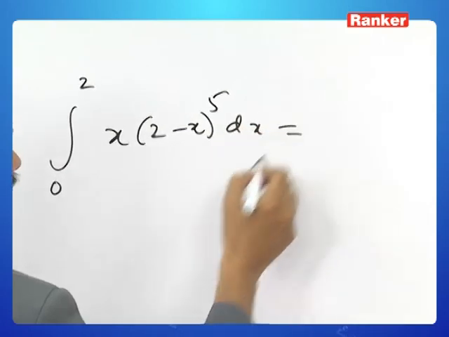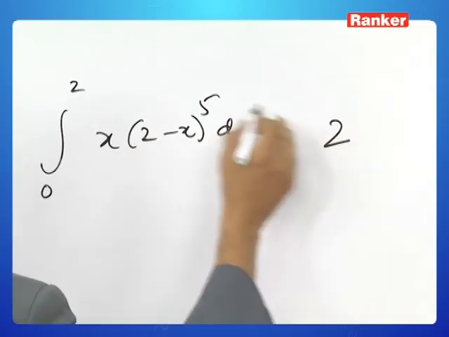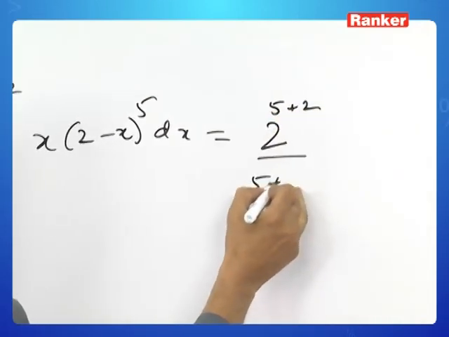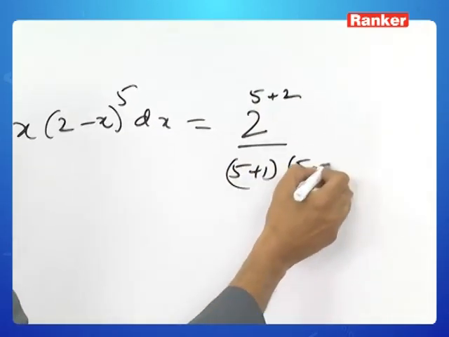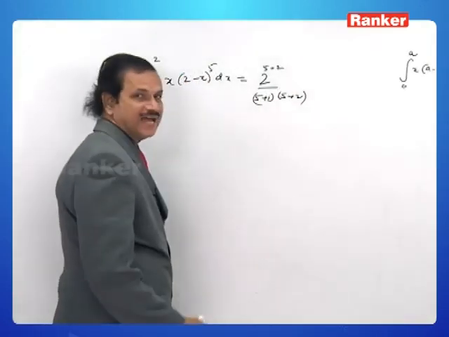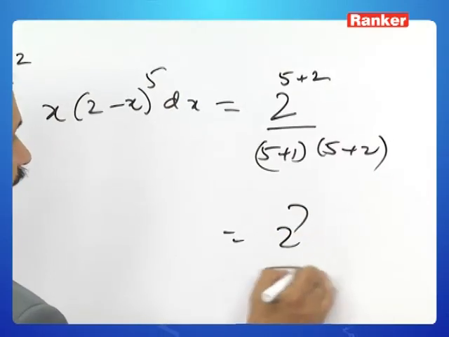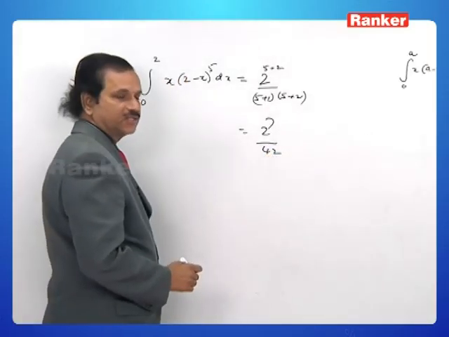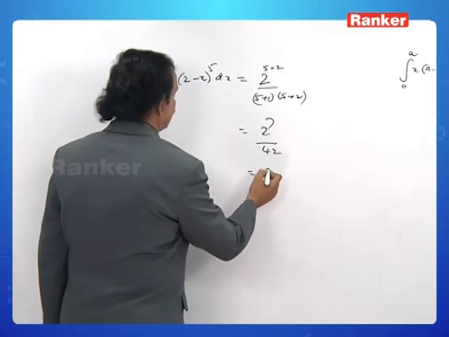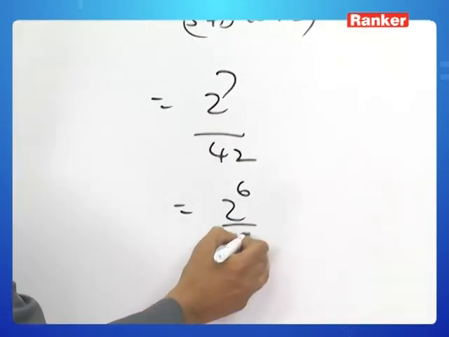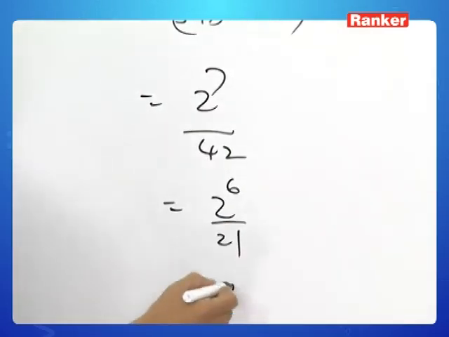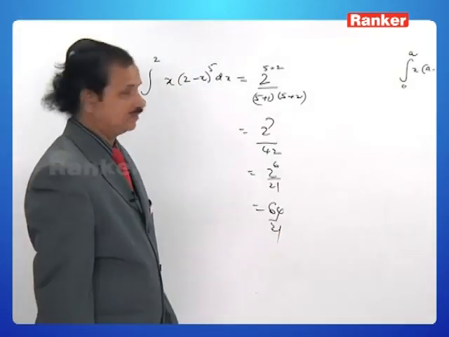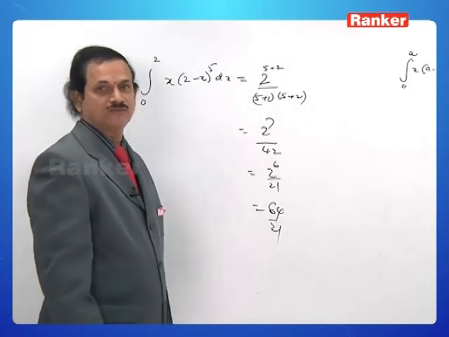Come on, in the place of a we have 2 power, in the place of n we have 5, so 2 power 5 plus 2 by 5 plus 1 into 5 plus 2. So the answer is 2 power 7 by 6 into 7, that is 42. So it is 2 power 6 by 21, 64 by 21. That gives you the answer. Like this, we make use of that.